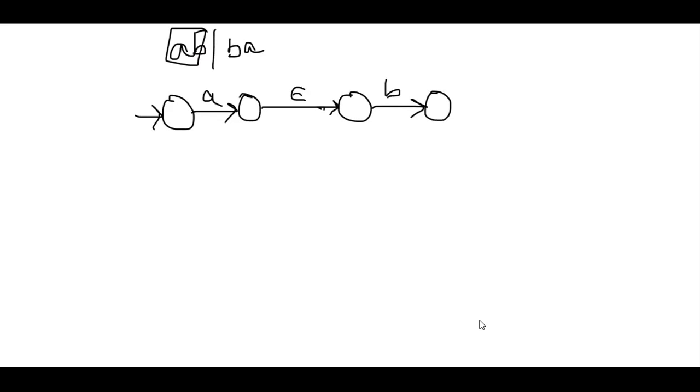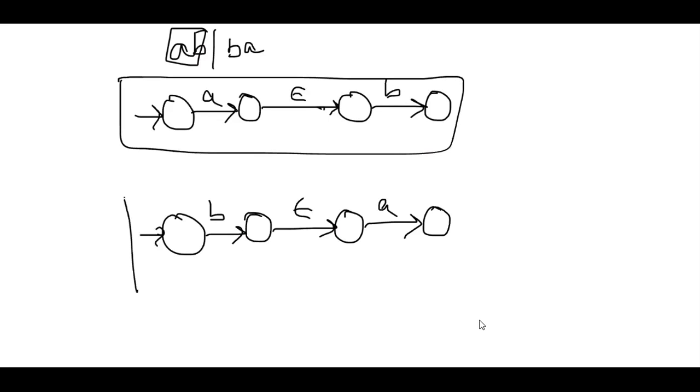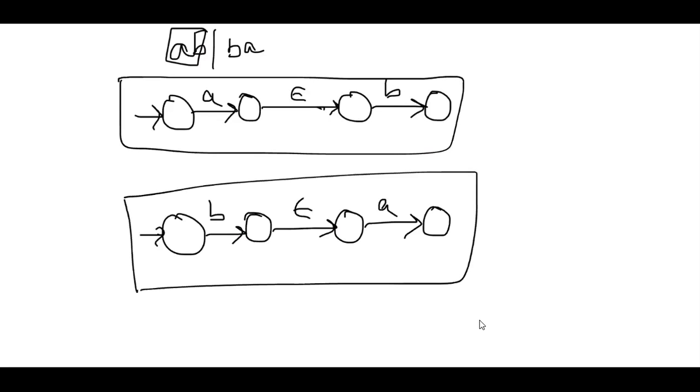All right. Same way for BA. Again, for BA, it is B epsilon and A epsilon. So if, for the first part, this is S and this is T, then S or T would be one new start state and one new final state.